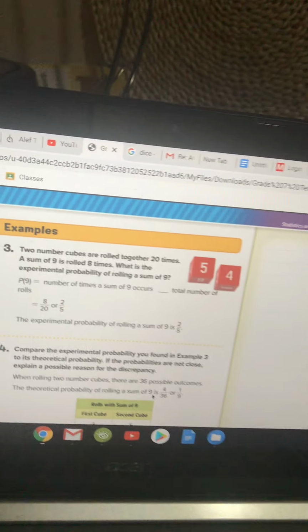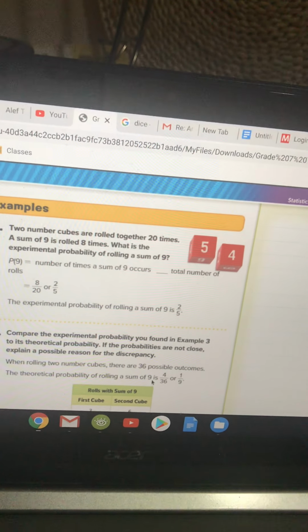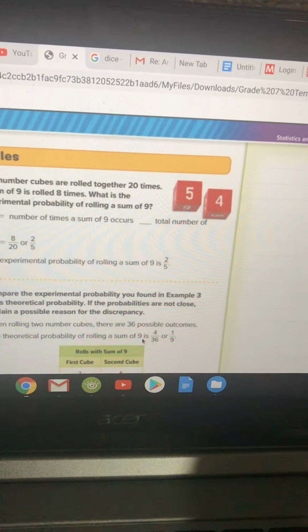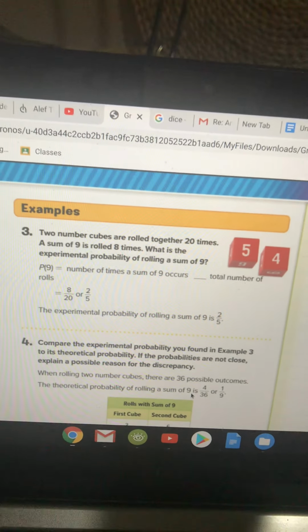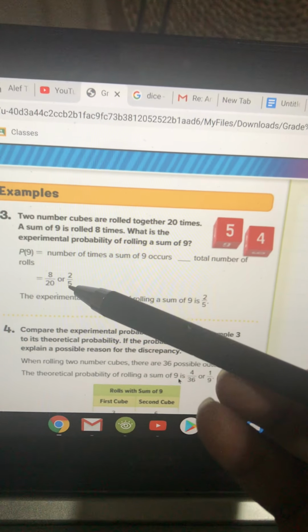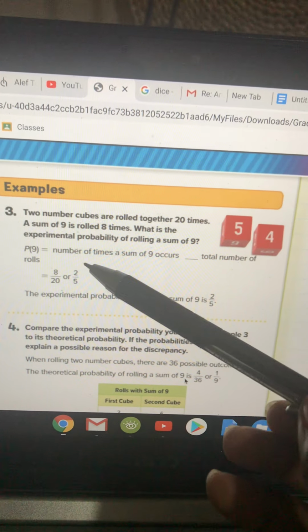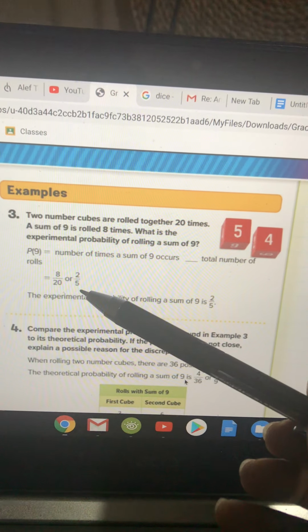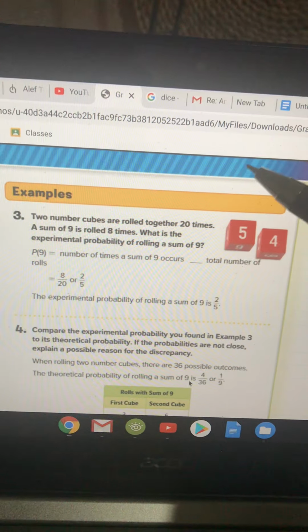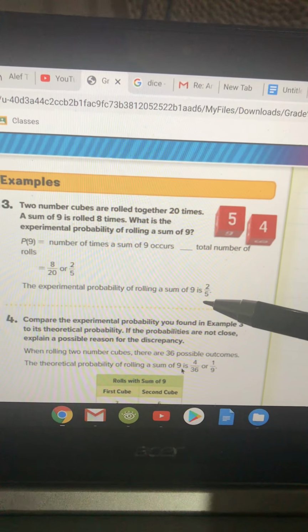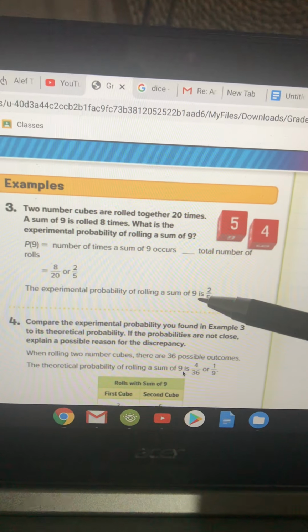So, they are saying every time I get a 9, that means 5 plus 4 or 6 plus 3, like that. When they rolled, they got it 8 times. So what is the experimental probability? 8 over 20, which is 2 over 5. Okay? So the experimental probability of rolling a sum of 9 is 2 over 5.